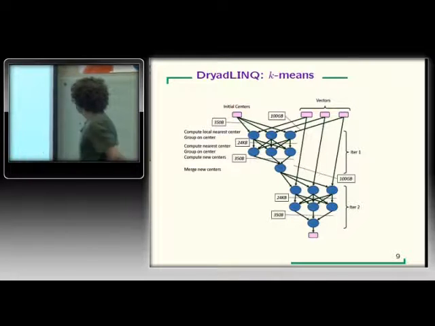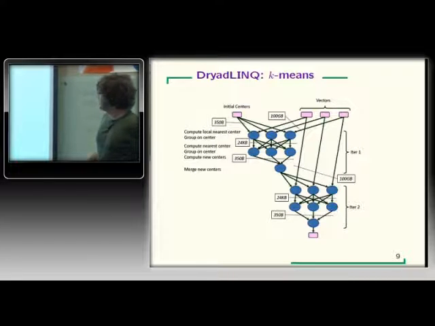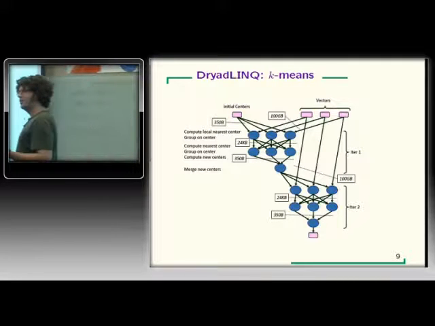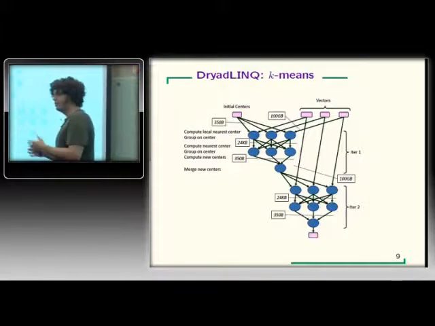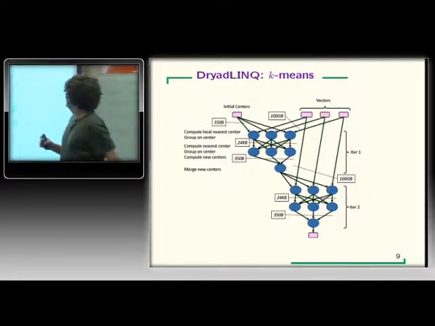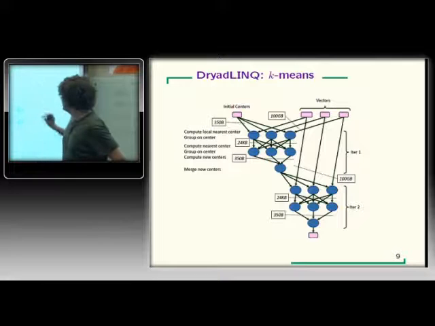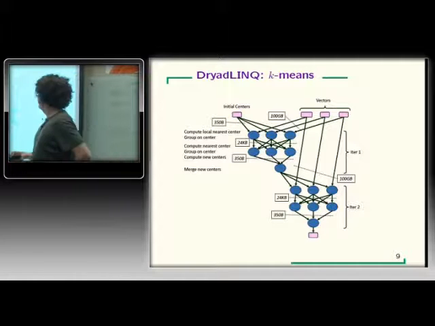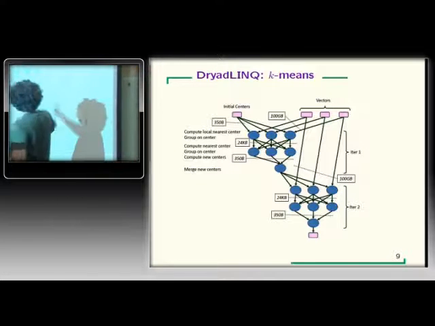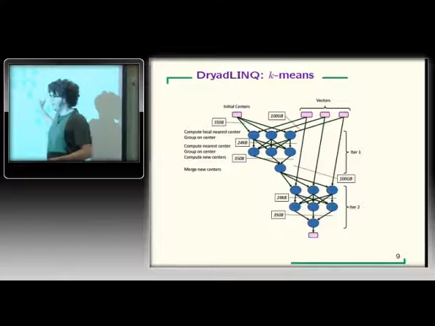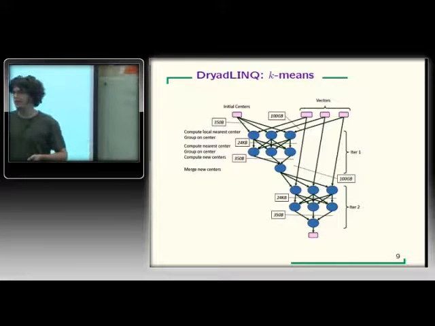So this is k-means. Hopefully, the intent of showing you k-means was to try to convince you that these are fairly simple programs to write, possibly just in terms of number of characters at least, that produce fairly efficient, in this case highly efficient, execution plans. That this scales essentially arbitrarily. If we took this up from 3, it actually ran on 200 odd machines.